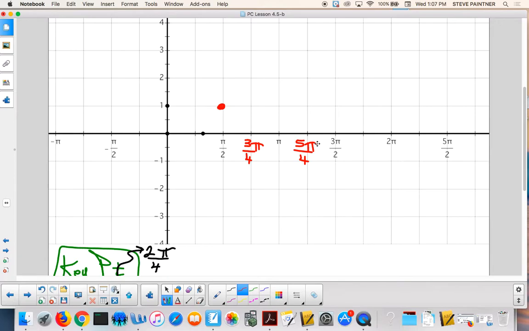Where is this one? 3/4 pi, 4. Where is pi? Pi, 1. When you plug in 5/4 pi, what do you get? Negative 2. Then you're back here. So you can kind of see it already. It goes like this, this, this. And now the period is over. So the period happened much faster than 2 pi.